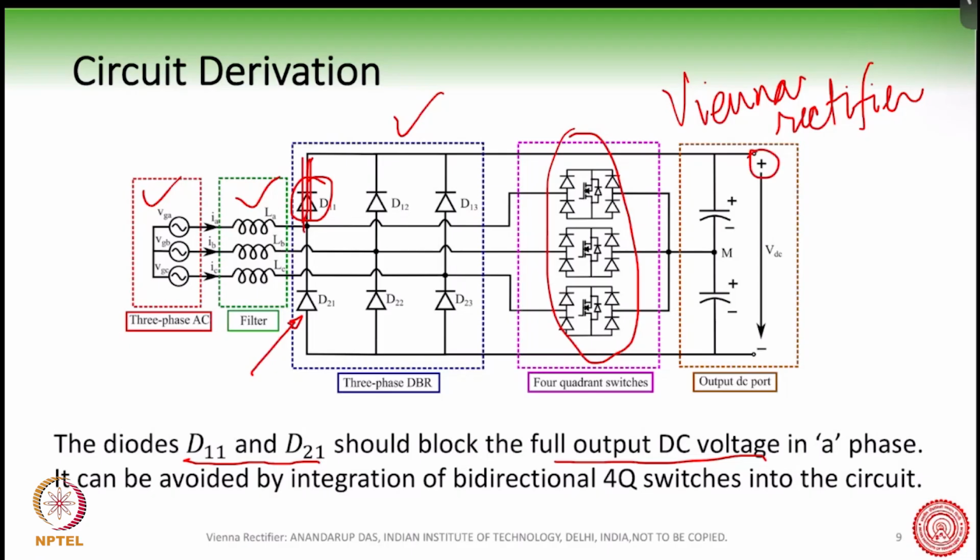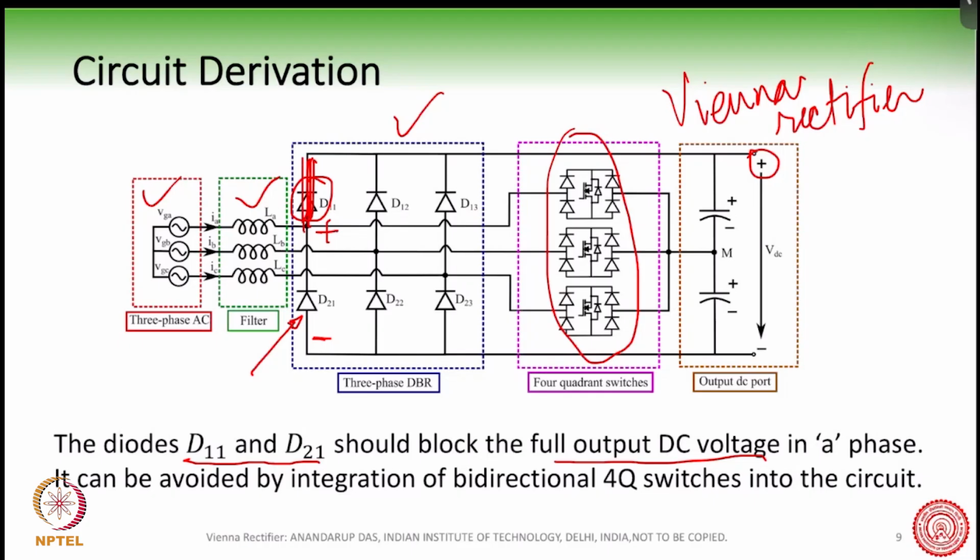Because this plus point will come here, and the minus point is as it is here. So if this upper diode is conducting, D21 has to block the full DC bus voltage, okay? So this is one point where further modifications are possible.